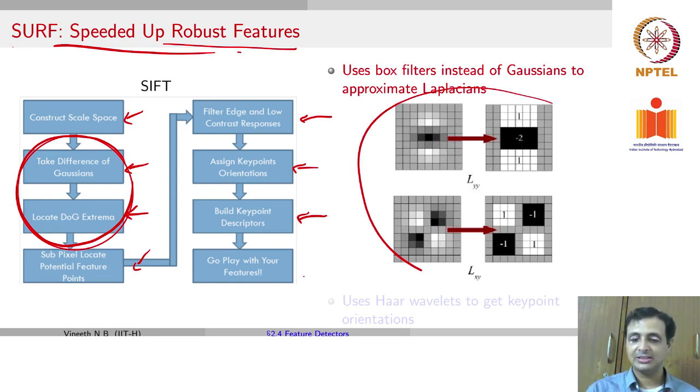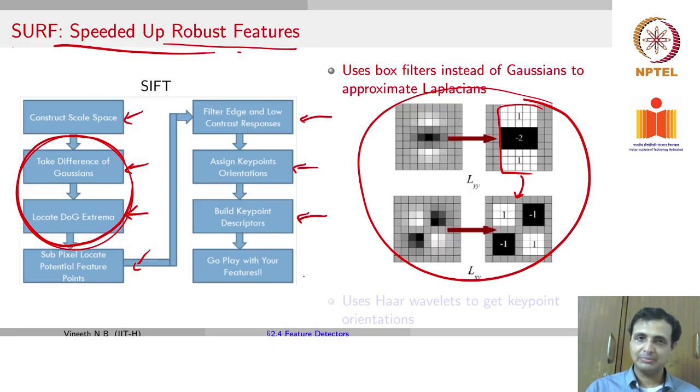Box filters are filters such as these, where you can have a filter where one part of it is white, another part black, then another part white. You could do this in various combinations. You could do a checkerboard kind of effect. You could increase the number of blacks and whites. You could have the blacks 2 times, whites 3 times, or you could flip it.